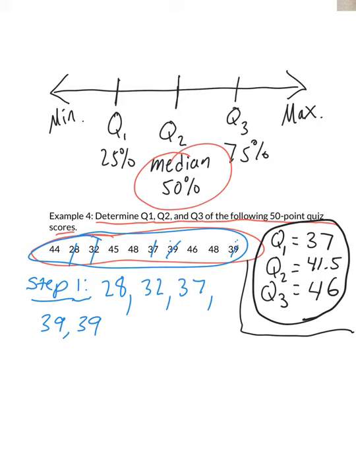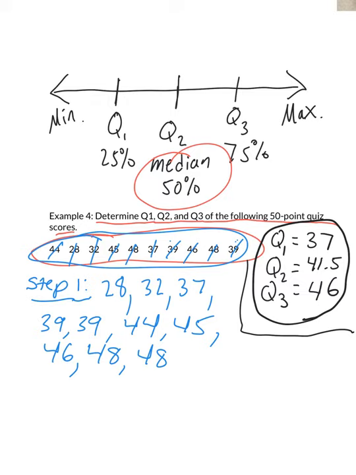Then it looks like 44 is next, 45 after that, 46 after that, and finally two 48s. And I just counted to make sure I have all 10 scores there, and I do.